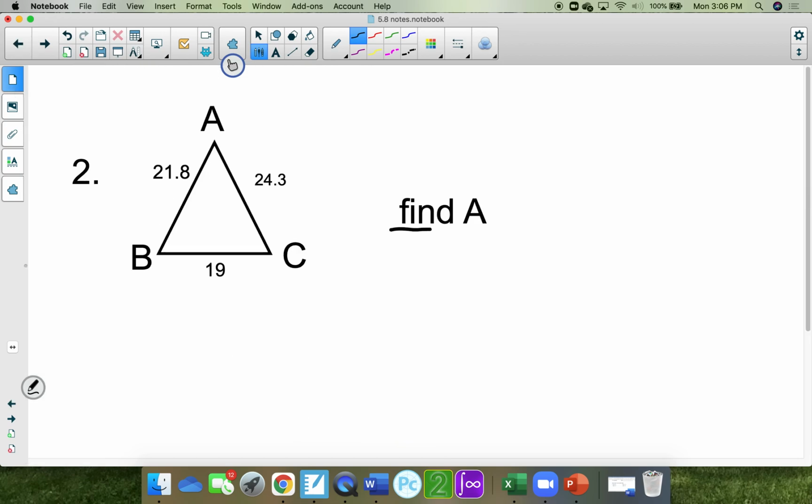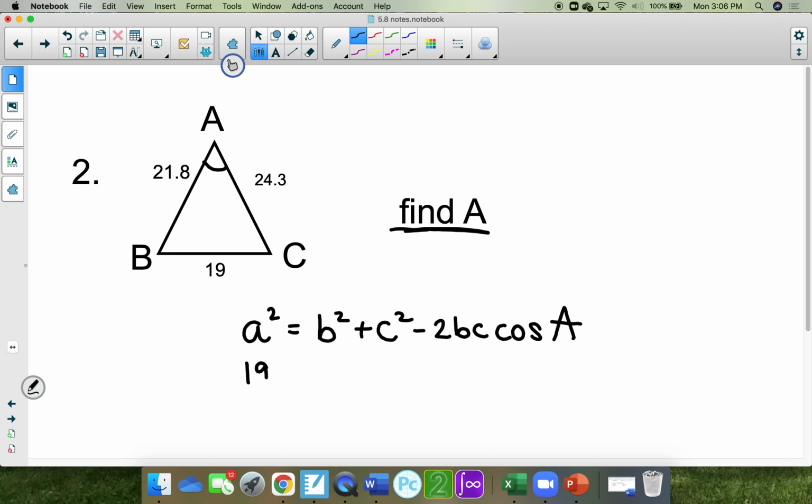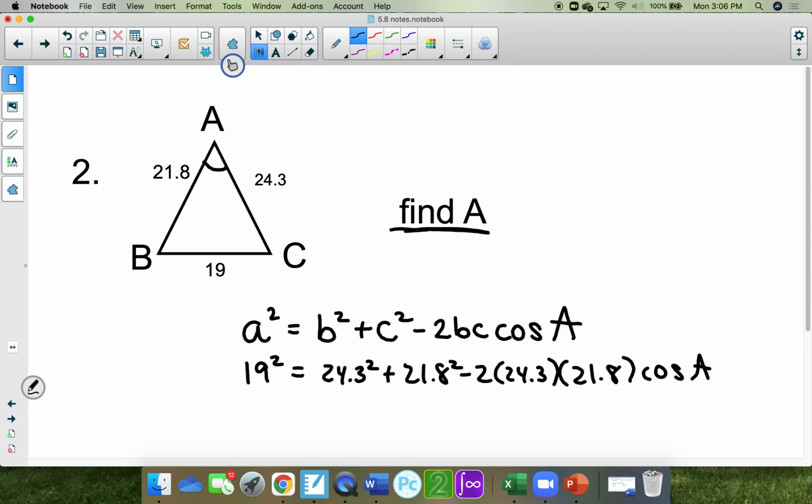So let's find angle A. Well, side A needs to be on this side then, because we're trying to find angle A. So A squared is 19 squared. B squared is 24.3 squared plus 21.8 squared minus 2 times 24.3 times 21.8 cosine of angle A.